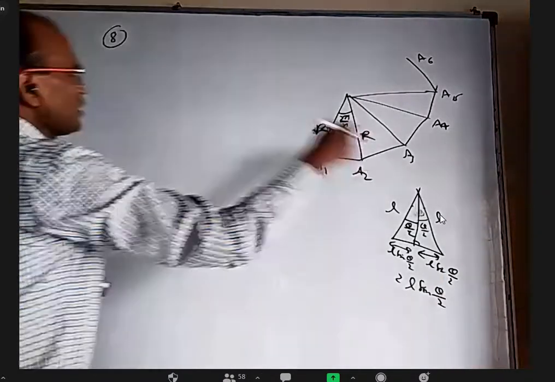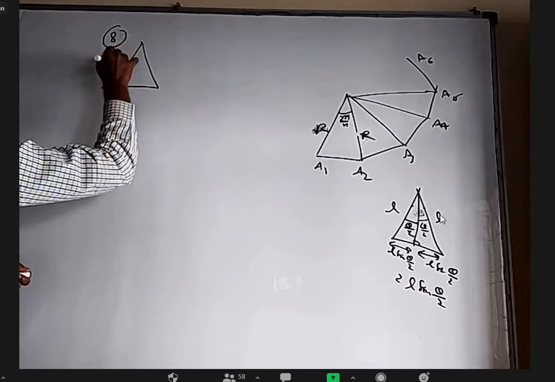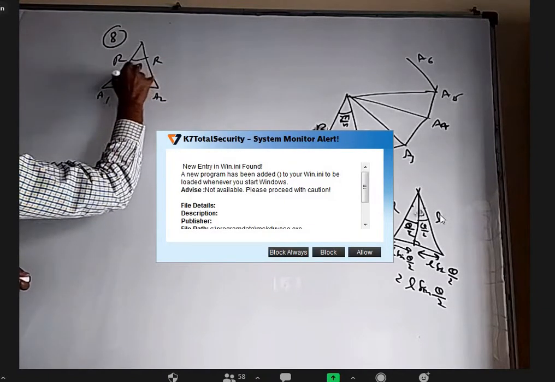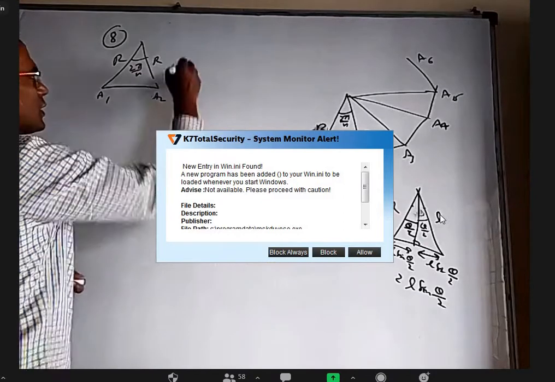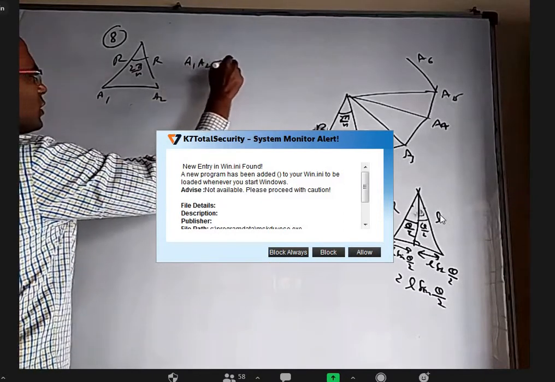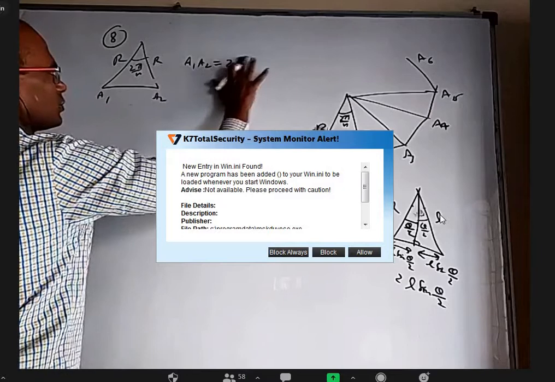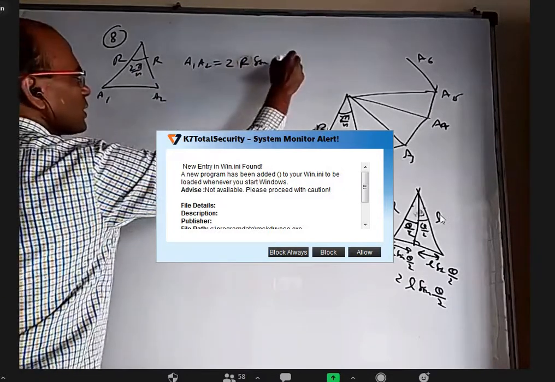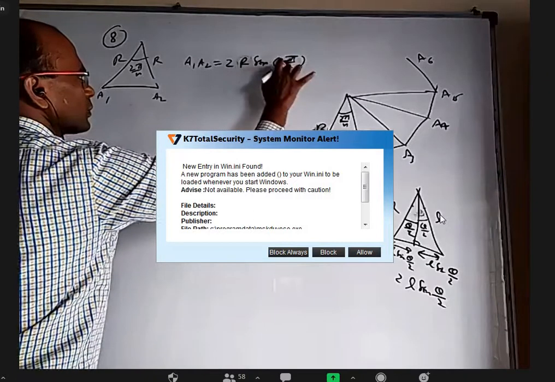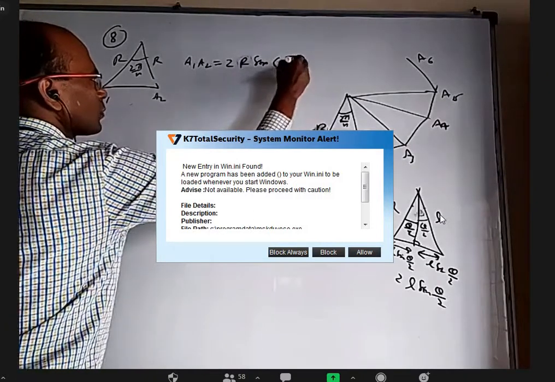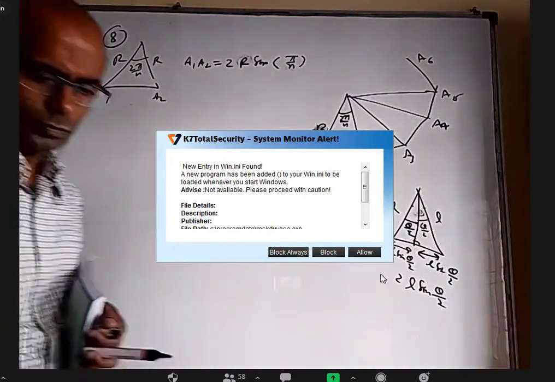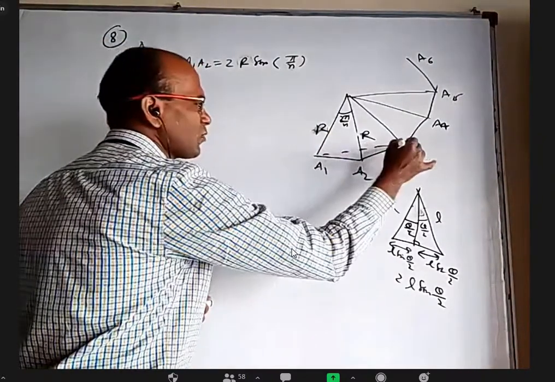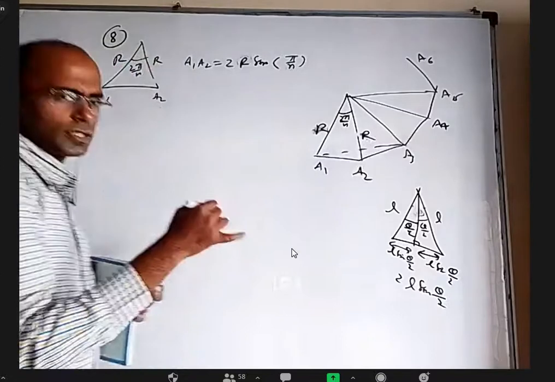When you take the triangle A1, A2, this is capital R, this is capital R, this is A1, this is A2, and this angle is 2 pi by n. Based on this, the A1A2 length is 2R sine of half of this angle, which is pi by n. When I take the A1A3 length, that is also an isosceles triangle.